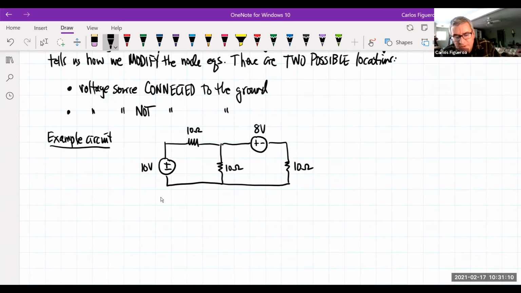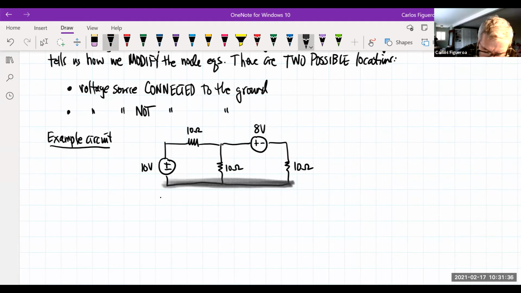So what we want to do here is our regular node analysis. But before we do that, we need to do the usual counting. The first thing we do is put a ground someplace because we always need that. So I'm going to put the ground here down at the bottom.